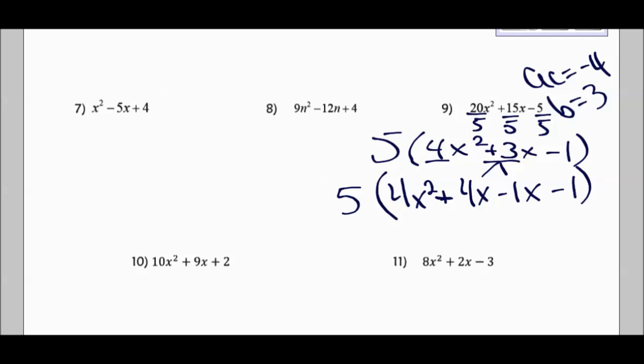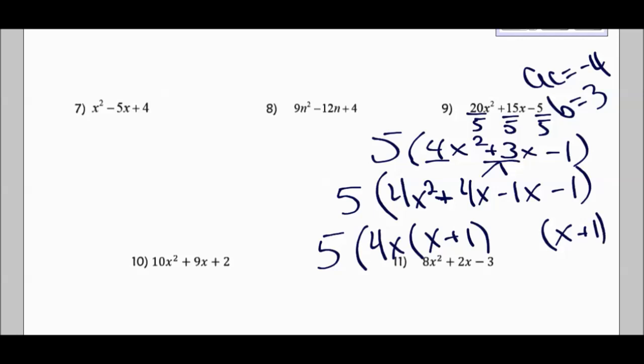What can I split this into? What can I factor, Youssef? What do I factor out of these two? 4. A little bit more. Yep, 4x. So that turns into 4x. I'm going to put all of this still in parentheses. 4x times, that becomes just x plus 1. And I still need an x plus 1 from that second set of parentheses.